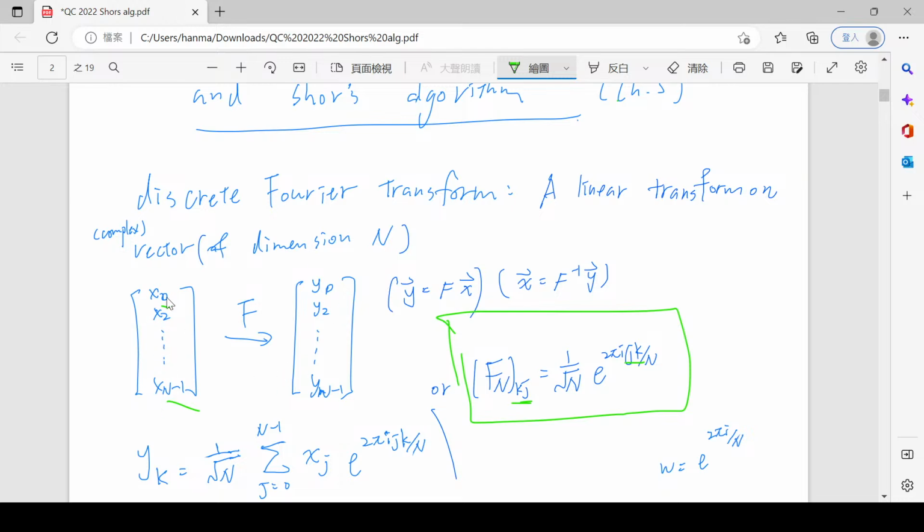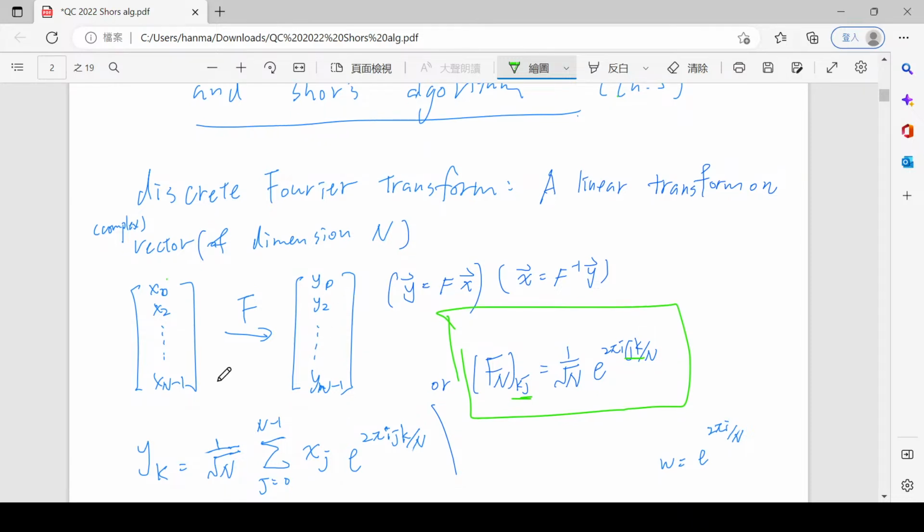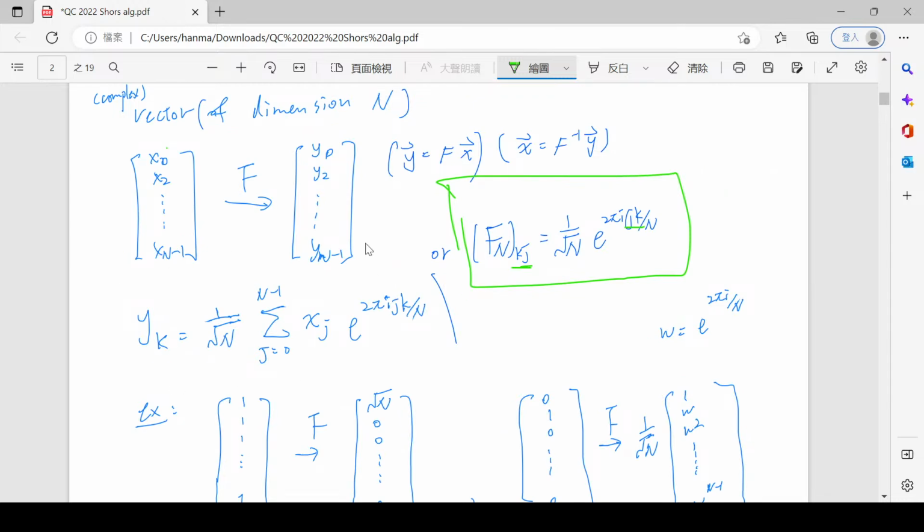We think of this vector as a signal, and we transform it to another vector which has the same kind of info, this big F times x, and the y vector has this component. So we have two equivalent ways of describing our Fourier transform.